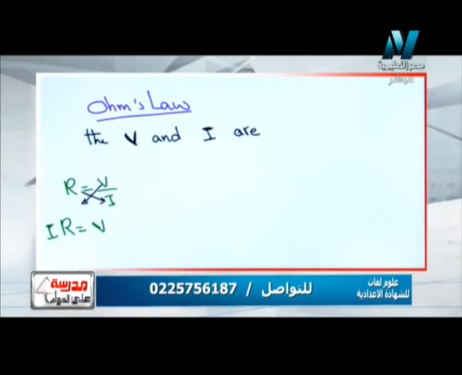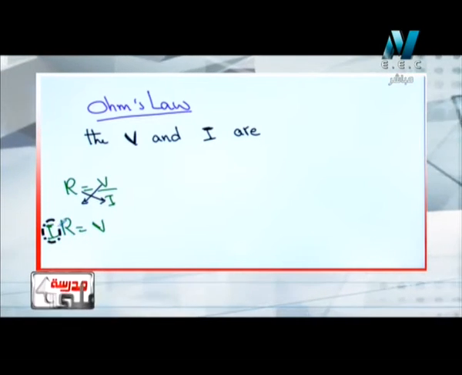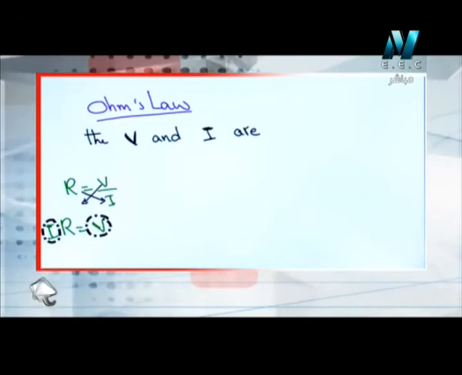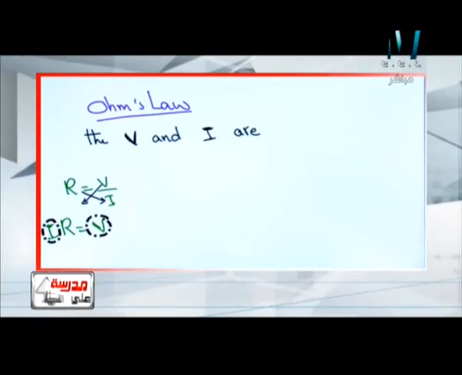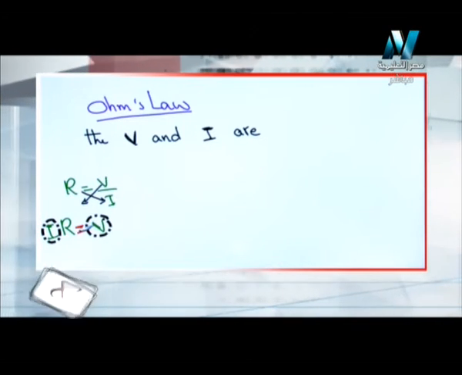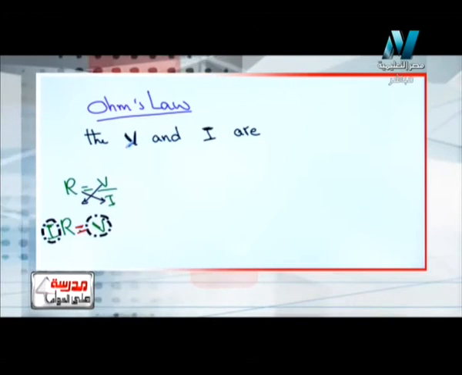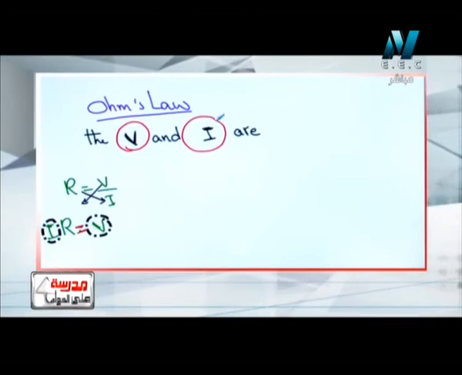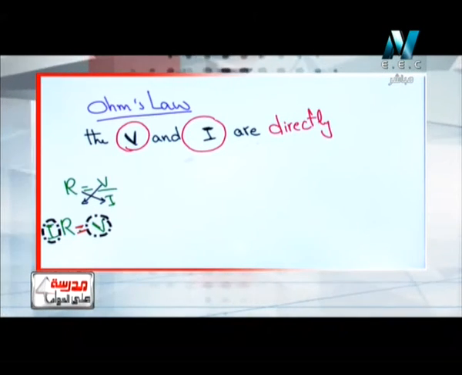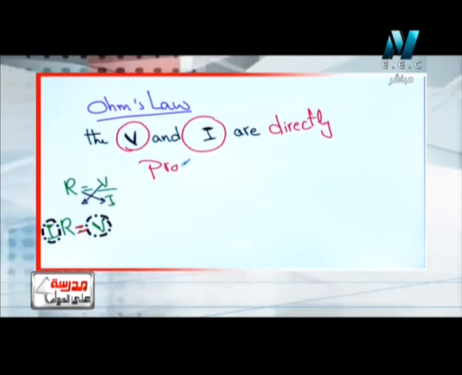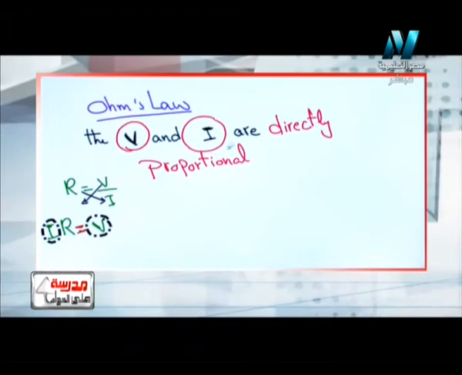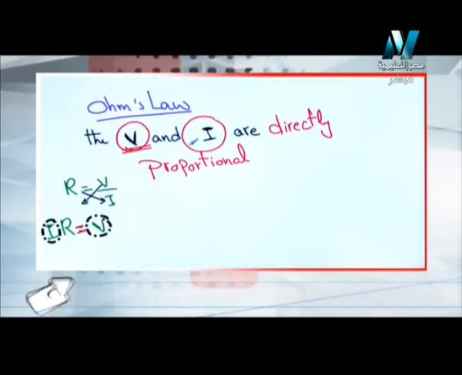So the relation here between I and V is proportional: they are on the same side of the equals sign, and between them is the equals sign. So the potential difference and the electric current intensity are directly proportional. And we now know the relation between electric current intensity and potential difference from Ohm's law.